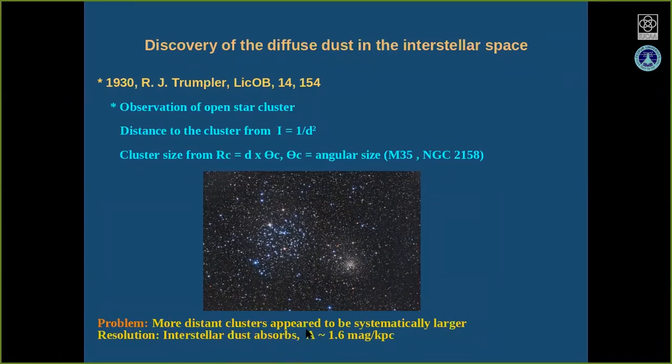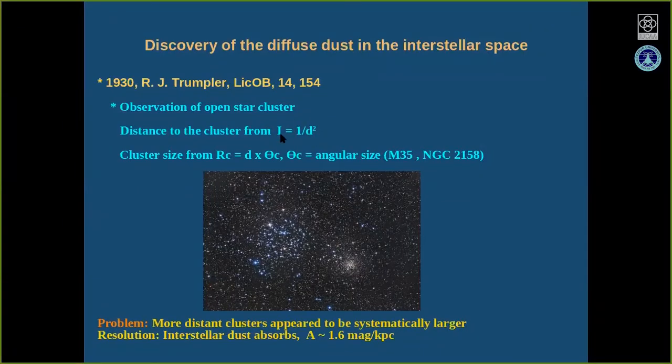And he found that the value of extinction is nearly 1.6 magnitude per kpc. The dust particles absorb as well as scatter the light coming from the open star cluster. And you know, intensity is inversely proportional to the distance.